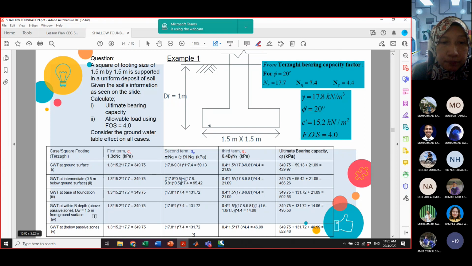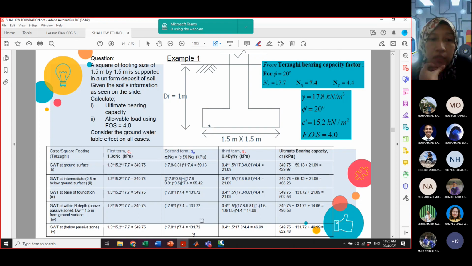number 4. Okay, kalau dekat base of foundations, you have to be careful lah. Sebab dalam case number 3 dia akan ada effect water table. Sebab apa? Kalau you tengok sini term number 1 maintain, term number 2 dia akan berubah. Dia bukan lagi macam case number 1 ataupun case number 2.